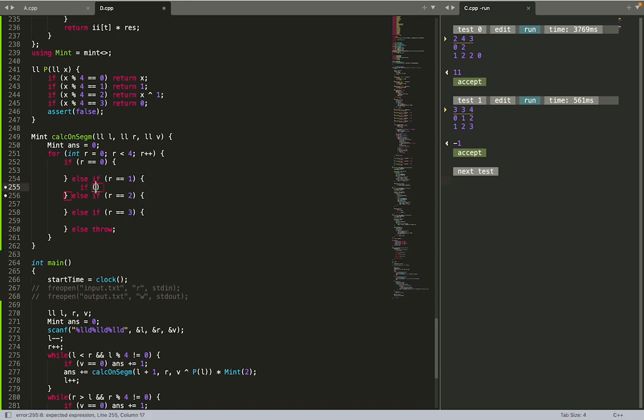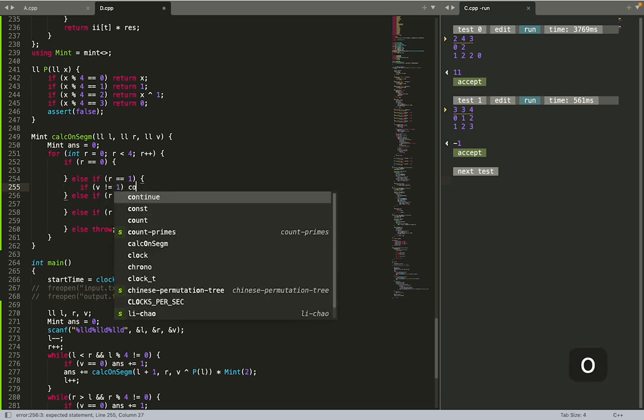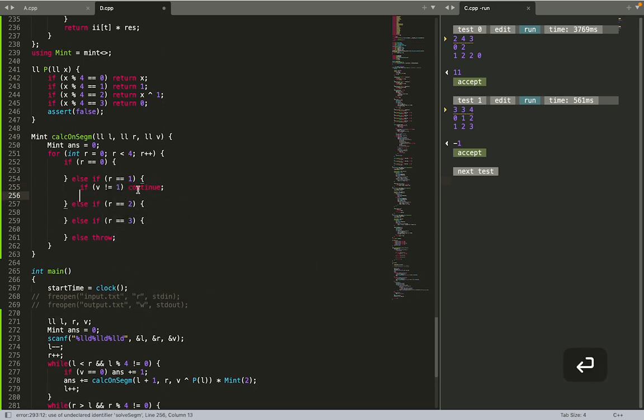If v is not 1, then nothing works. Just we'll continue. Otherwise, everything works.